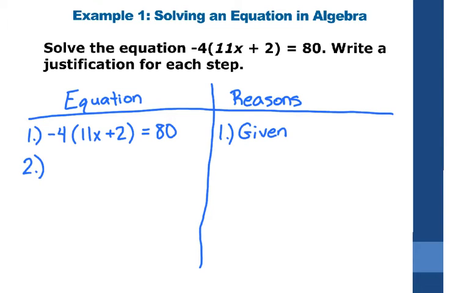Okay, step 2, we're doing the distributive property. So that becomes this right here, 4x minus 8 equals 80. And like I said, that was the distributive property, so that is our reason.